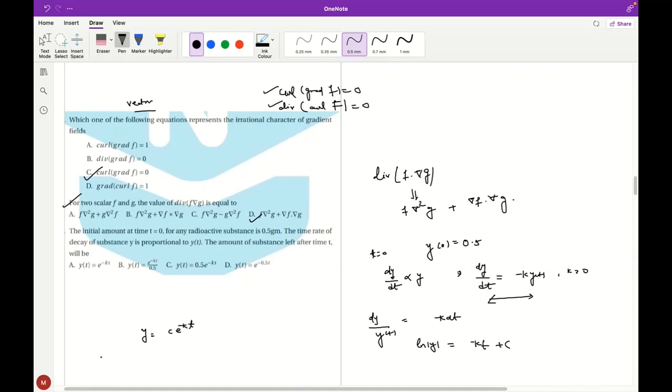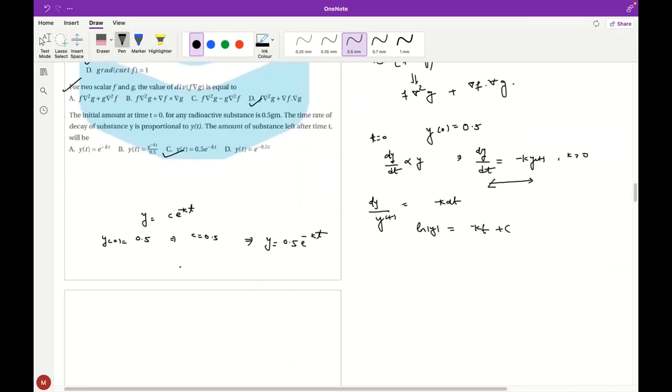For initial condition y(0) equal to 0.5, this implies c equal to 0.5. This implies y equal to 0.5 e to the power minus kt. So option C is correct, I think. Yes, yes. Now to another question.